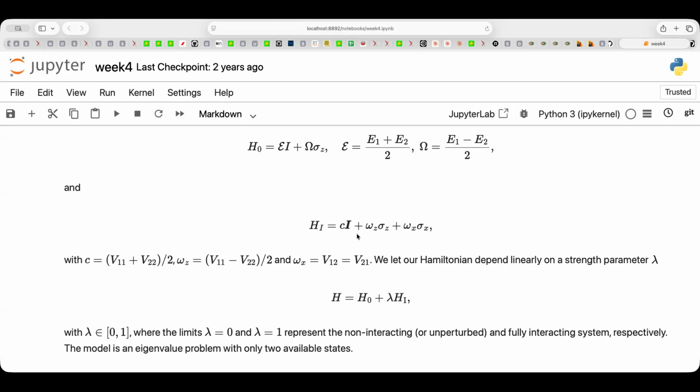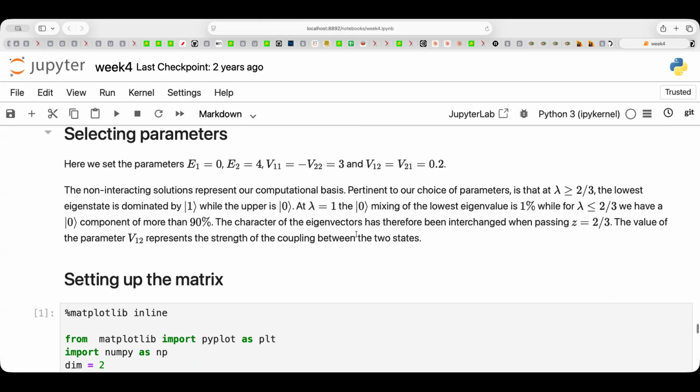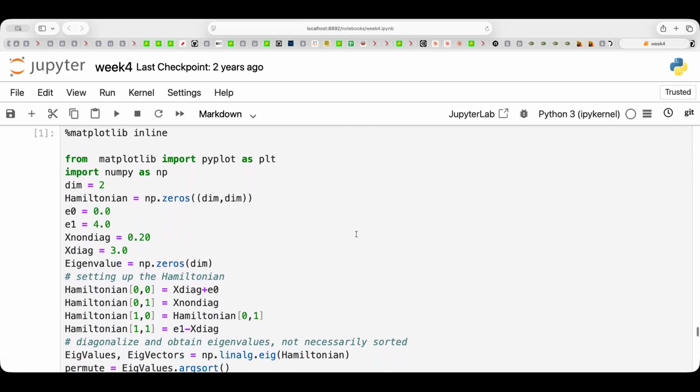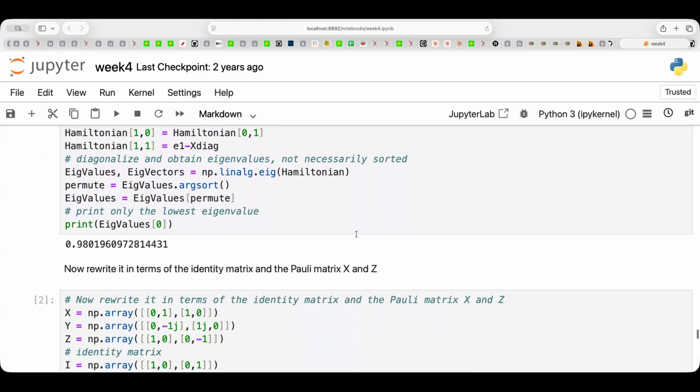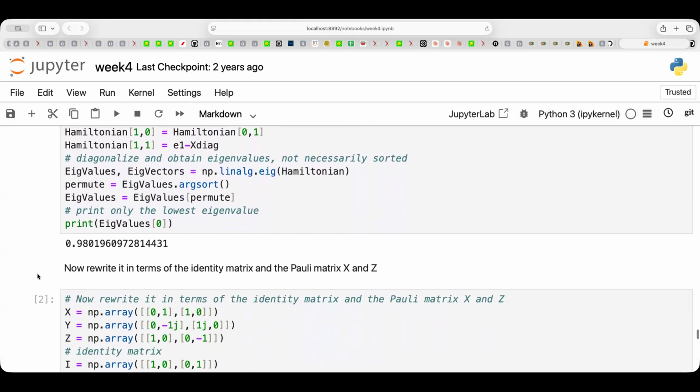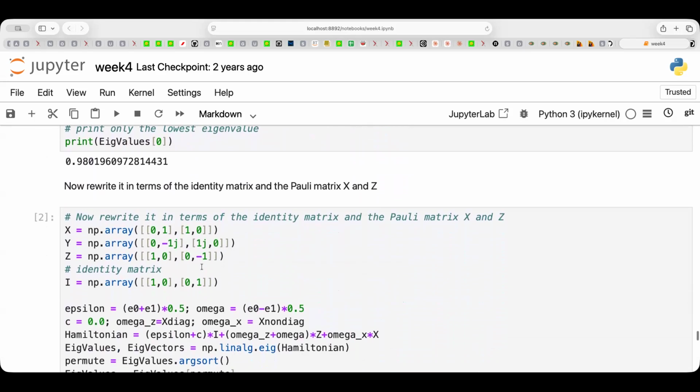But essentially what we do is this. Now, what we can do next, so here I've just selected the parameters. This is just an example, and this is the exact eigenvalue. And then there's a test where I just rewrite everything. This can aid you in exercise B of the project. If you look at this example, it's essentially one of the things we want you to do there.